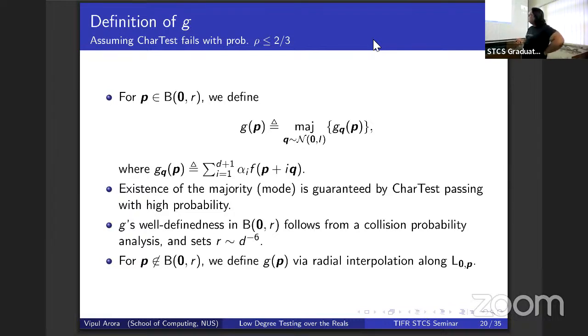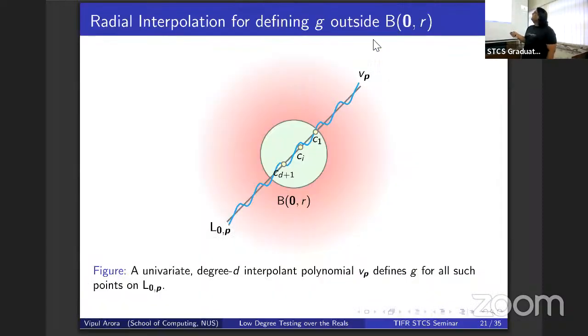So yeah. And for points P not in the ball B(0,r), you define G of P via radial interpolation along the line L_{0,P}. What do you mean by radial interpolation? So the idea of using radial interpolation is this. You take any point P, you connect it to the origin. You get a line L_{0,P}, you intersect it with the ball B(0,r).